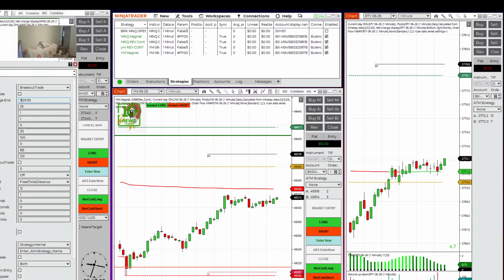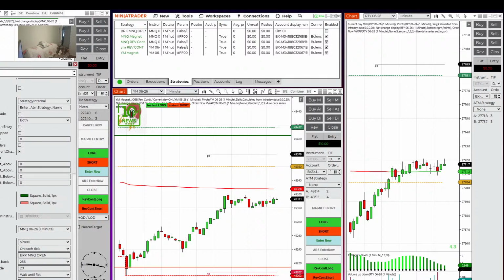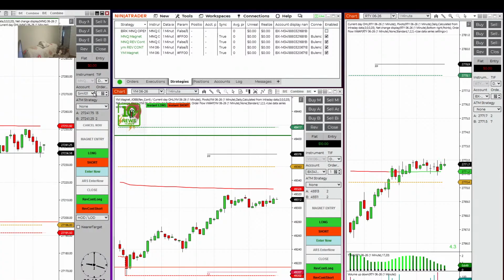Target 1 is 30 ticks. Target 2 is 100 ticks. Our stop is 125, and our target 1 stop move is BE, break even. I'm going to label the trade US dollar breakout MNQ open, in the same account as everything else, 68. Apply it, OK it, and put my chart trader on 68.